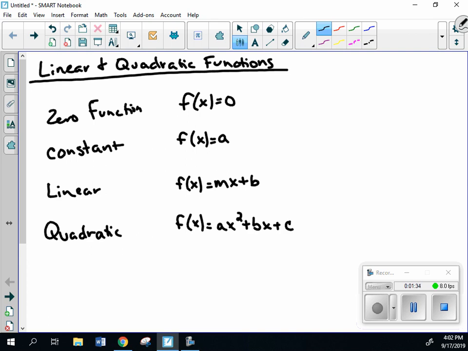So with all of this being said, the degree of this, or the exponent of this, for a constant is going to be 0. For a linear, it's 1. Quadratic, it's 2. So this is the degree. For a zero function, it's undefined. Just an FYI. So these are all things that we've talked about before. We're just going to go a little bit further in depth with them, specifically the linear and quadratic.